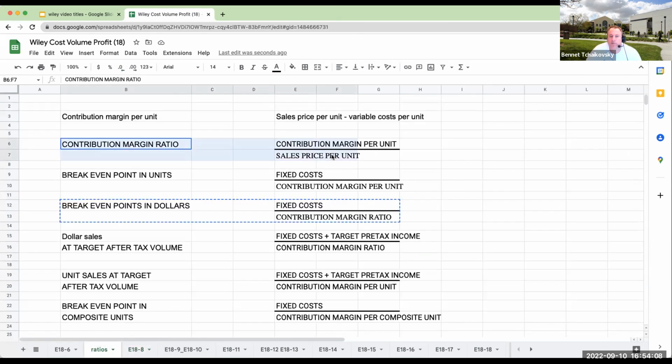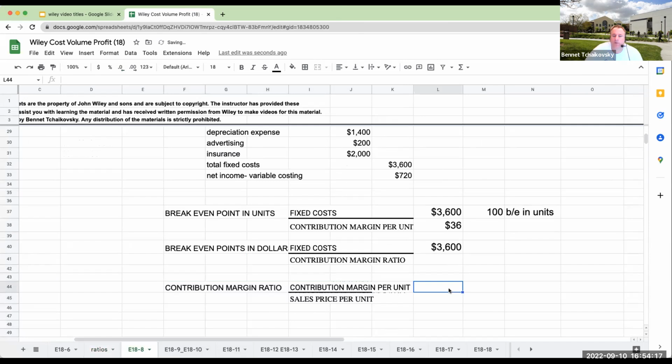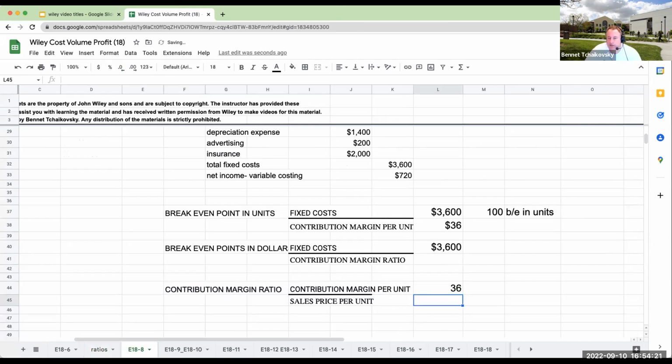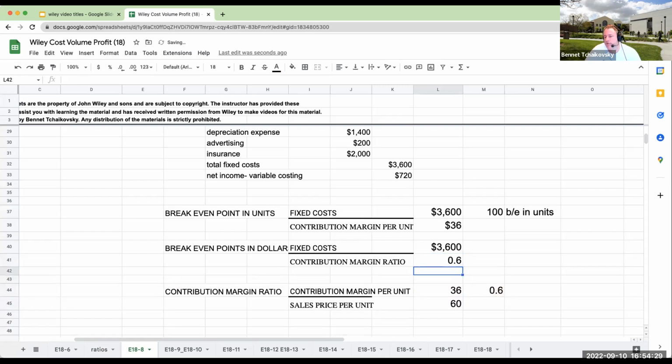So let's go ahead and copy this one over here too. My contribution margin per unit is 36. My sales price per unit is 60. So my contribution margin ratio is going to be 0.6. Okay, so I take 3,600 divided by 0.6, I get 6,000.